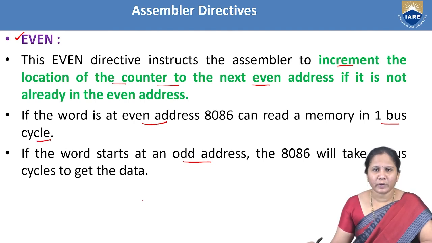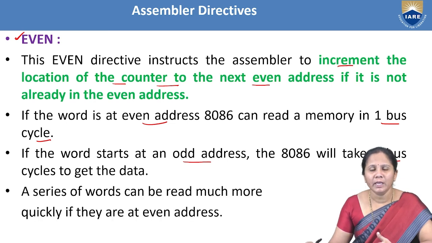That is why, by using this assembler directive, we see that the counter is incremented to an even address if it is at an odd address, simply by inserting NOP instructions. So a series of words can be read much more quickly if the counter is at an even address compared to an odd address.